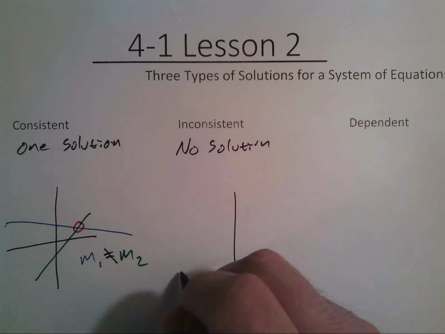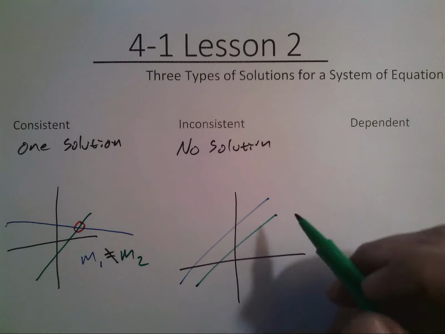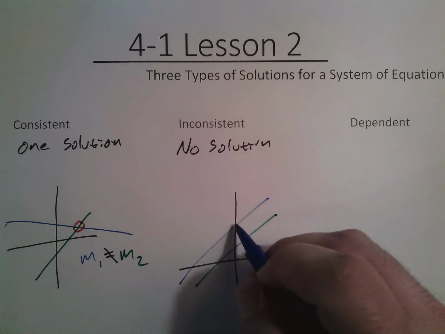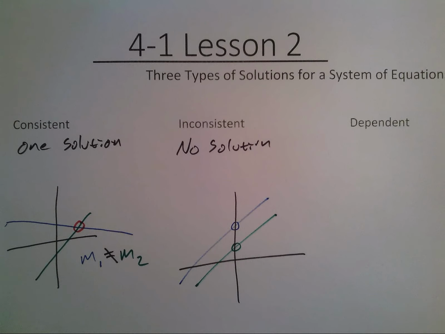Now, if I were to graph these, this is when you end up with one equation and a second equation that's parallel to it. But not only is it parallel to it, you'll notice that their intercept points, where they cross the y-axis, are not the same. But because they're parallel, I know that their slopes are the same.